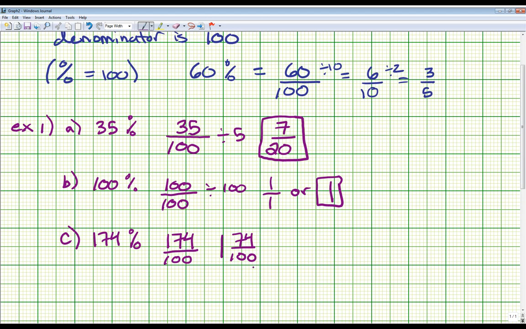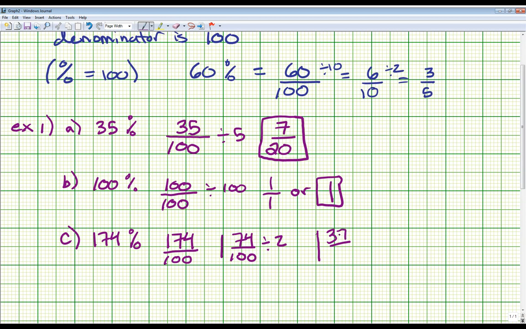Now we'll take a look at 74 over 100 and say, okay, what can go into 74 that can also go into 100? Well, let's see. If we divide the top and the bottom by 2, what would we end up with? We still have our one whole. And then 74 divided by 2, 2 can go into 7 3 times, and then 2 can go into 14 7 times.